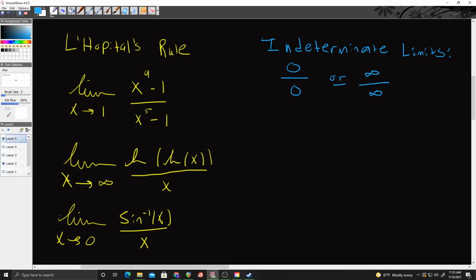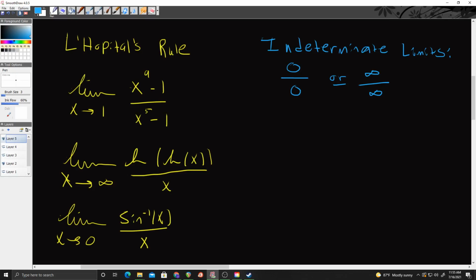So let's understand 0 over 0. The idea is if the top and bottom of a fraction go to 0, then the question is which one approaches 0 faster?